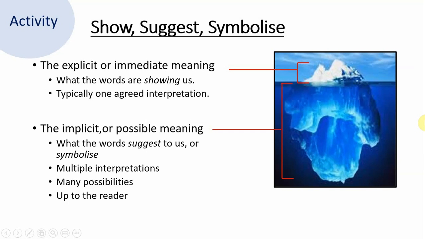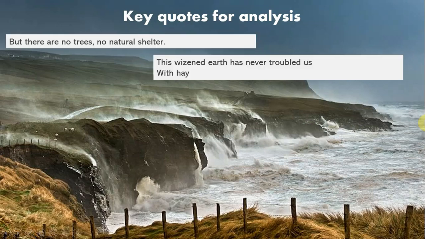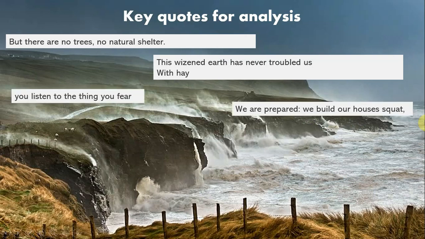Now, if we think about the quotations and the phrases that we might want to use in this activity, we come back to the key phrases highlighted last lesson. So on the screen now you can see several quotations which all relate to the power of nature in some way.